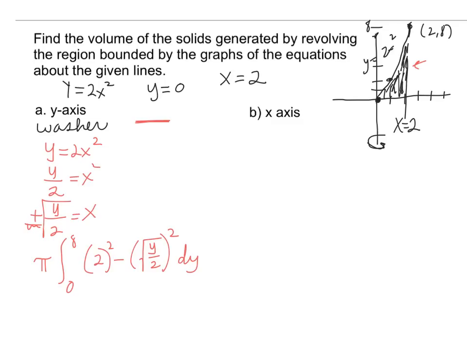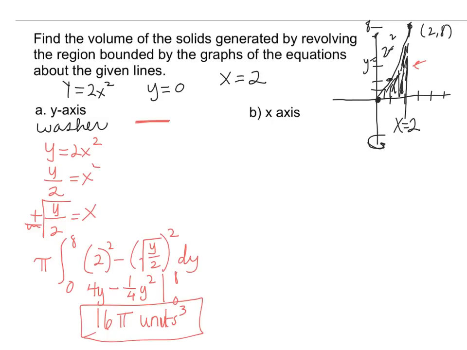So when I integrate that, this is 4, so this is 4y minus 1/4 y squared from 0 to 8, and that's going to give me 16 pi, and that's volume, so that's going to be units cubed.